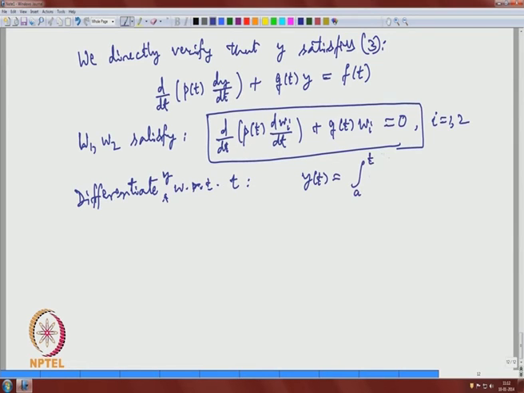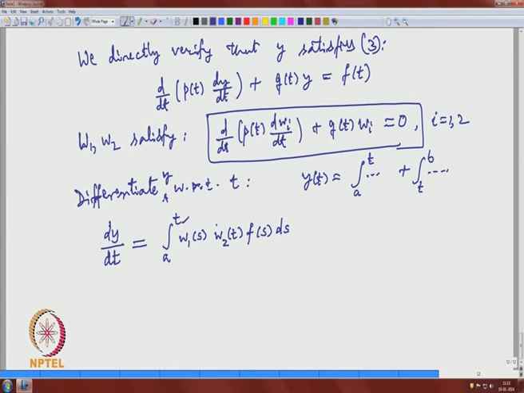So, a to t plus t to b. Recall that. Okay, so dy by dt is equal to, let me just write it, a to t W1(s) W2 dot (t), because t is only here, f(s) ds.